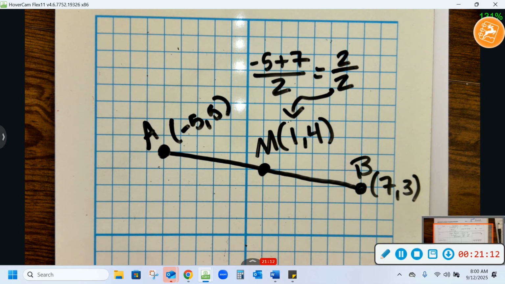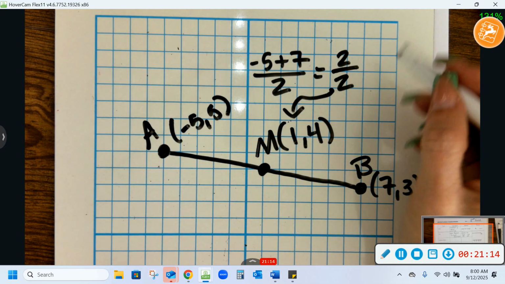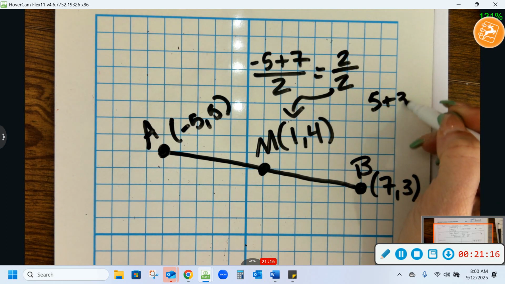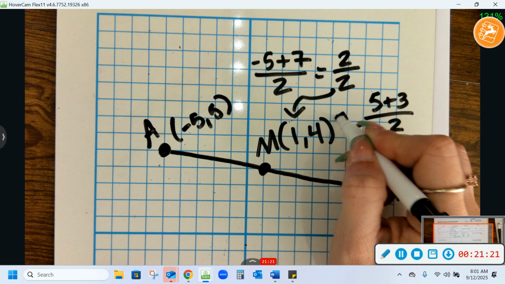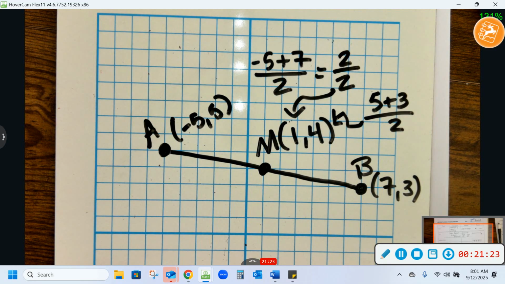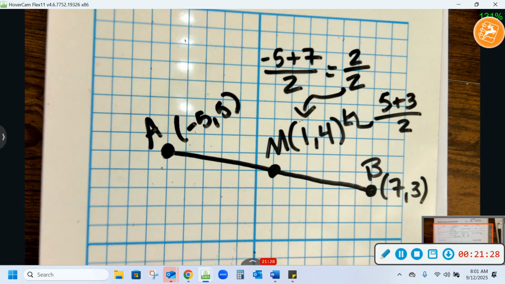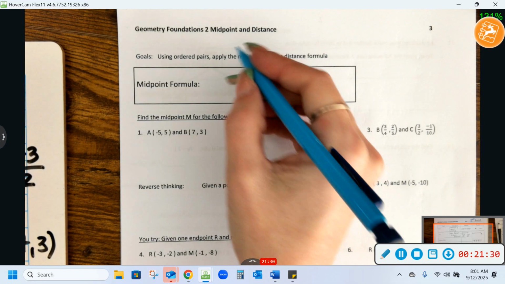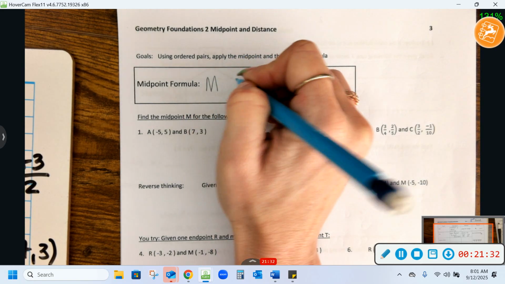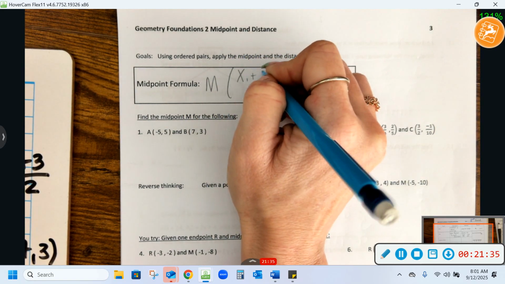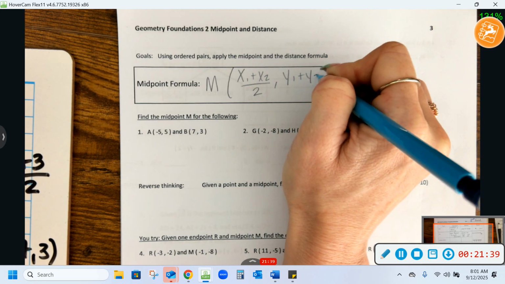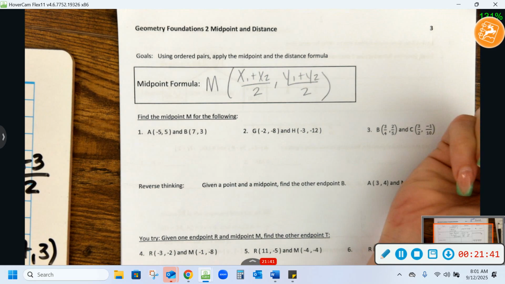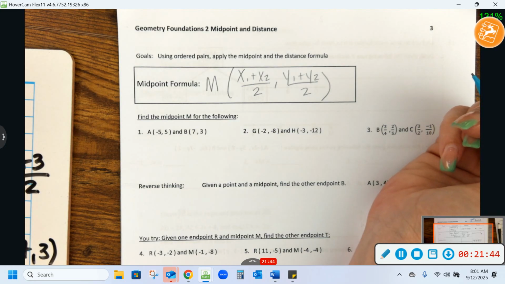And then if I do my y values, 5 plus 3 divided by 2, what do I get? 4. We're so smart. Hey, that's the formula. You just figured it out. Midpoint is always (x1 plus x2) divided by 2, (y1 plus y2) divided by 2. But because we just saw it visually, it helps us not forget it.